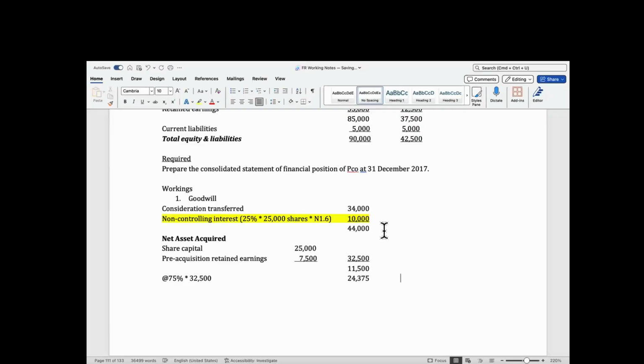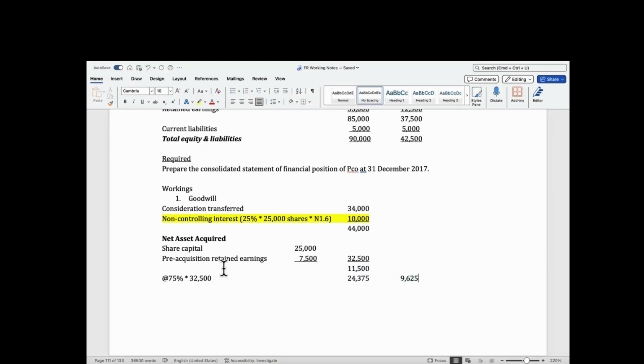Nine six two five. 9,625. So that's the goodwill of the parent. You see, the difference, the excess, belongs to NCI. Out of this 11.5, that of the parent is this.